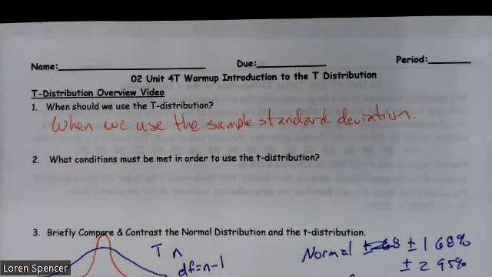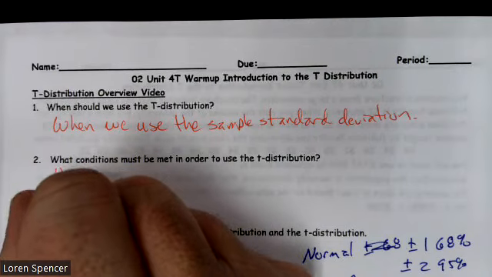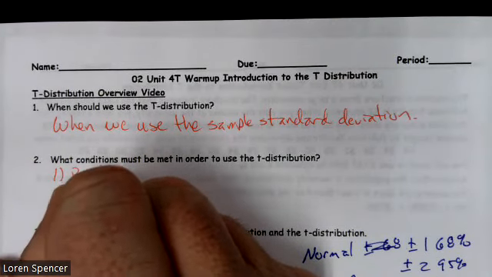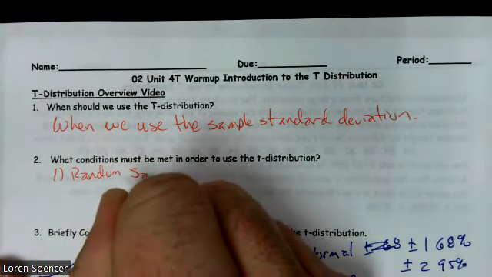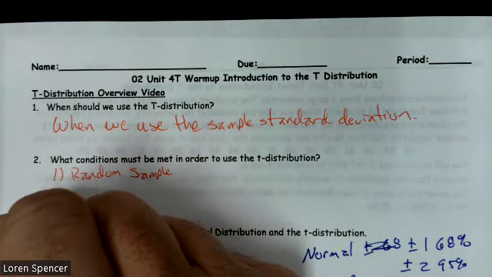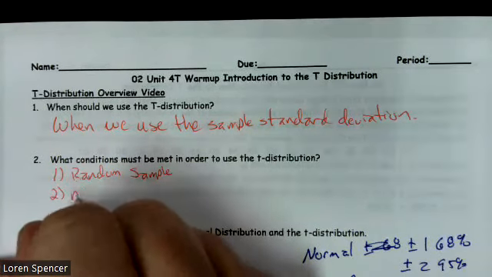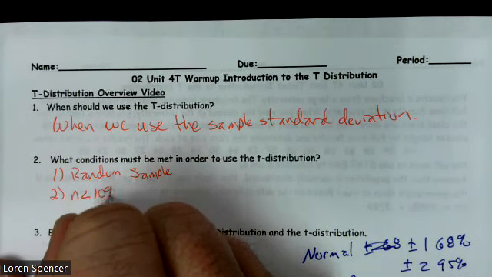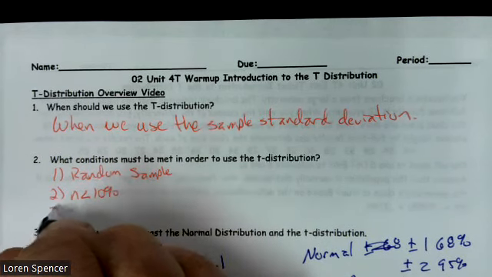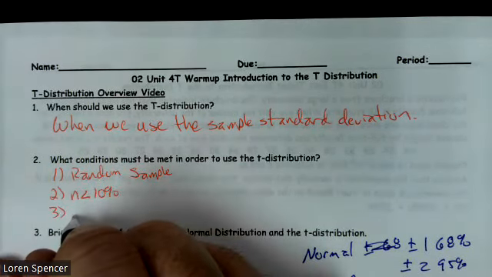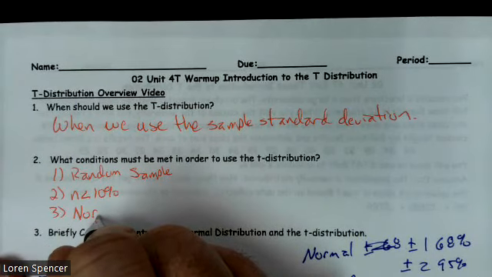What conditions must be met in order to use the T distribution? Well, like the normal, we have to have a random sample. That never goes away. Everything needs to be random. The N needs to be less than 10%. And the distribution has to be normal.